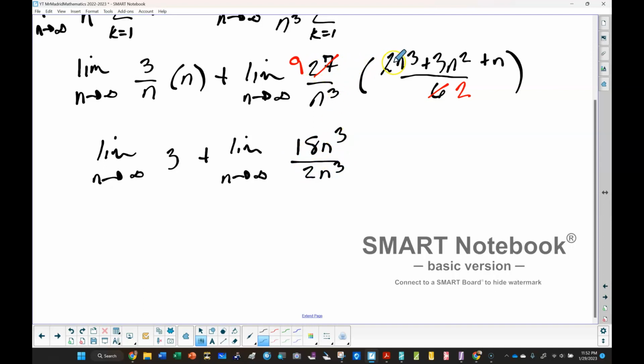So that takes care of this term, and then I've got now plus 27n squared, whoops, n squared over 2n cubed plus 9n over 2n cubed.